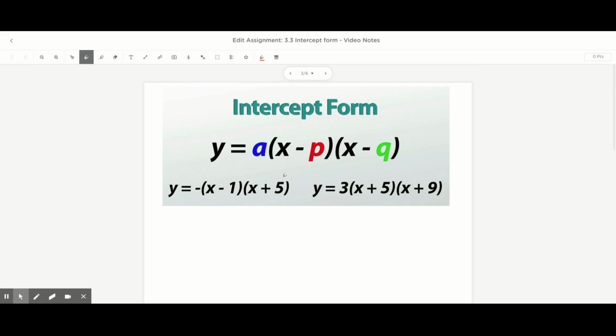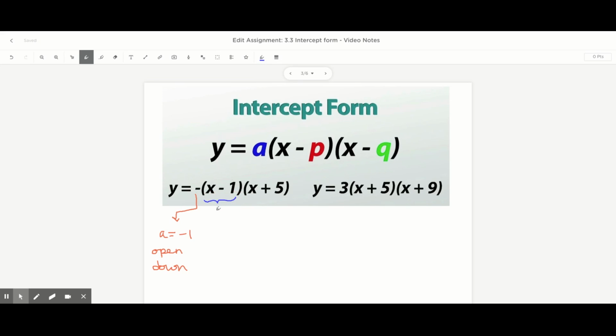If I were to look at the equation y equals negative (x minus 1)(x plus 5). Right away I see a negative in front. That means my a value equals negative 1, which means this graph is going to open down. Then I see I have x minus 1.